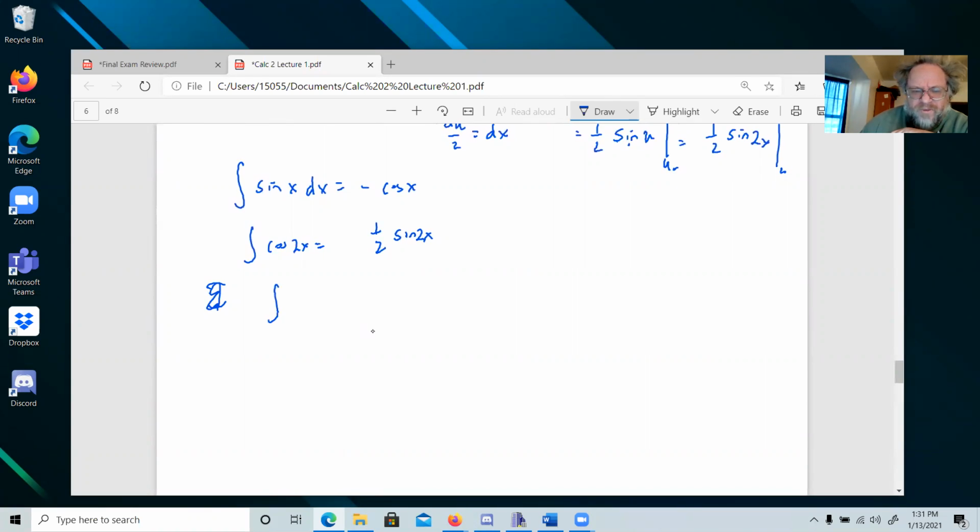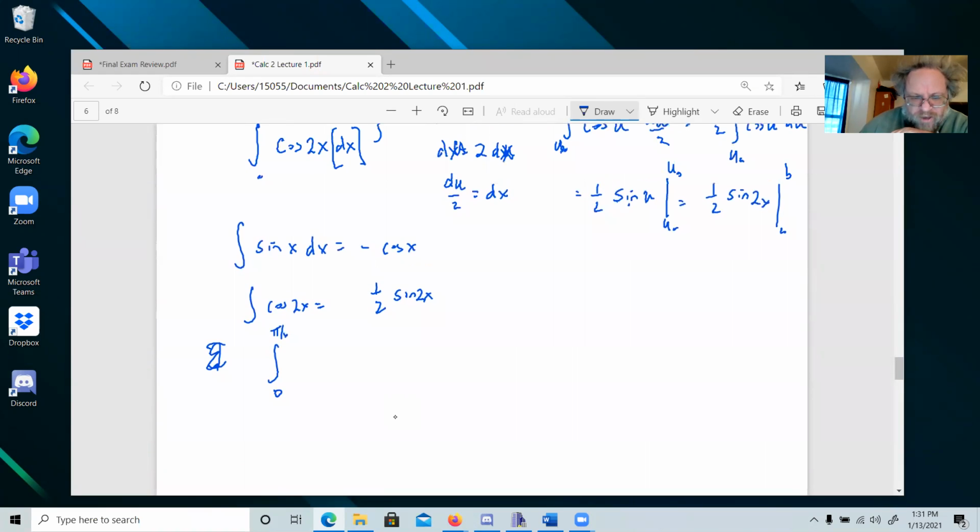We've got the integral from 0 to pi over 6 of cosine 2x minus sine x, plus the integral from pi over 6 to pi over 2 of sine x minus cosine 2x.